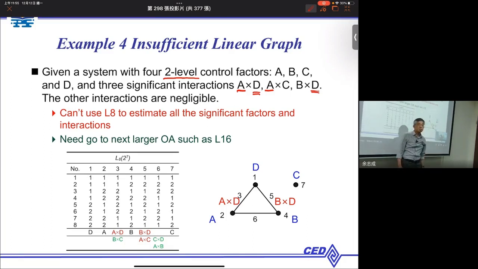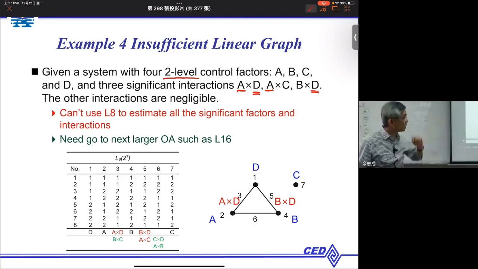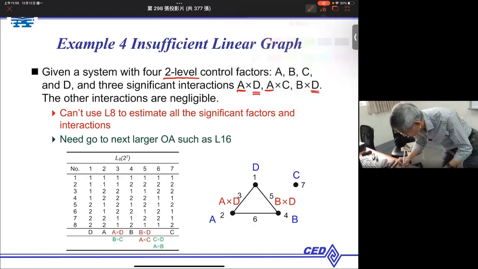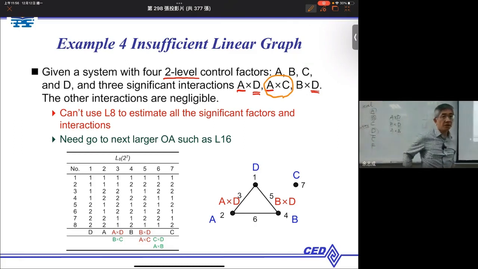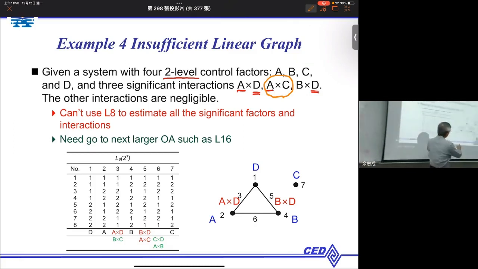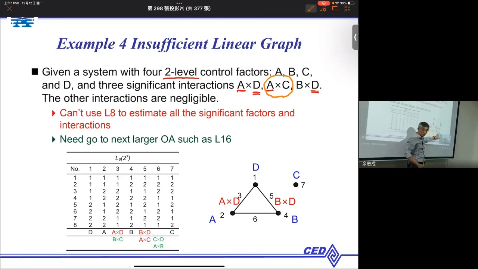But the problem is you need to consider the interaction between AC, right? But are you sure AC can be estimated? Since you see, there's no line between A and C. There's a line between AB.